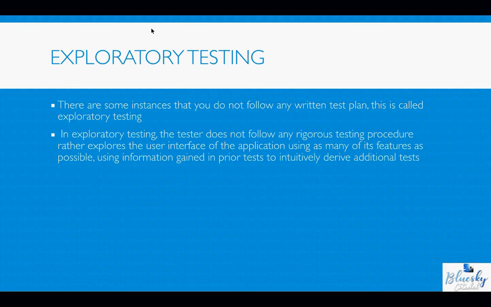It's used in different instances, more often by an experienced tester, if you just want to have a quick view of the application, or do a quick run-through to see how it works, or quick smoke testing, or the application has no requirements that you can actually follow.